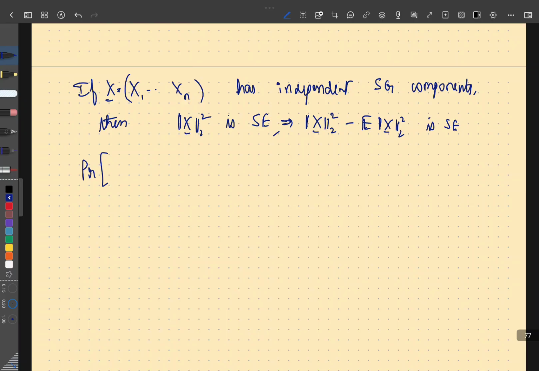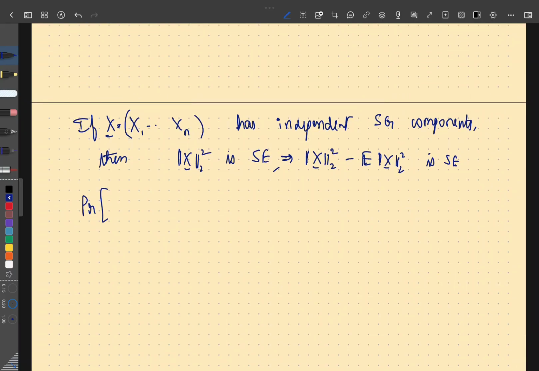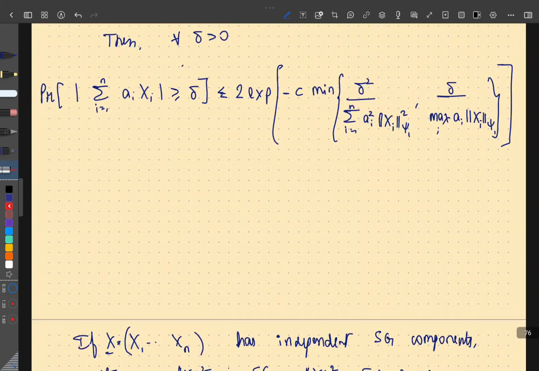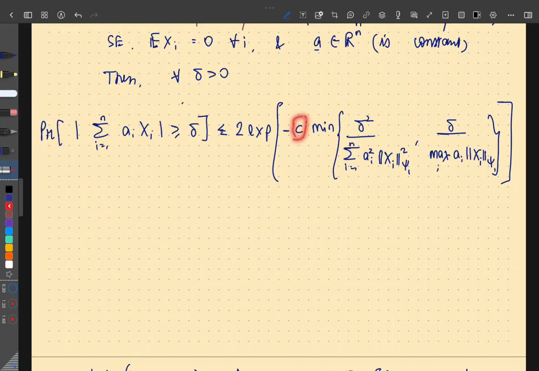And in any case, the subexponential norm of this differs from the subexponential norm of this by some multiplicative universal constant. As long as we're not worried about this constant, I can still apply the same inequality. The inequality would hold with a slightly different universal constant.